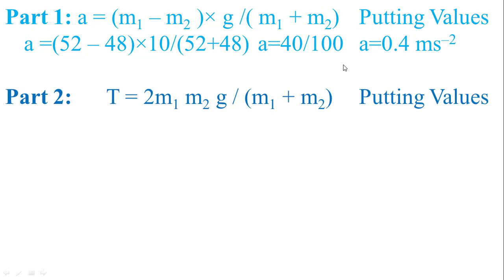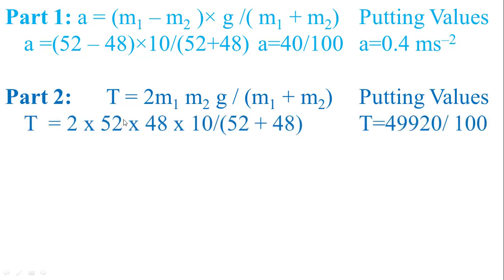Now in part 2, tension T is equal to 2 m1 m2 g upon (m1 plus m2). Putting values, T is equal to 2 multiplied by 52 multiplied by 48 multiplied by g 10 upon (52 plus 48).